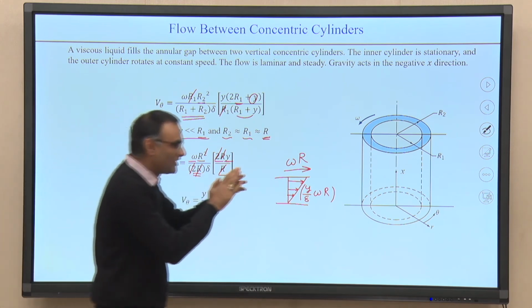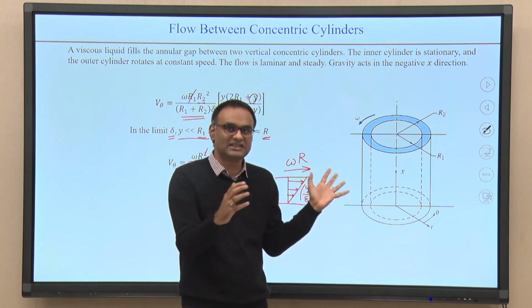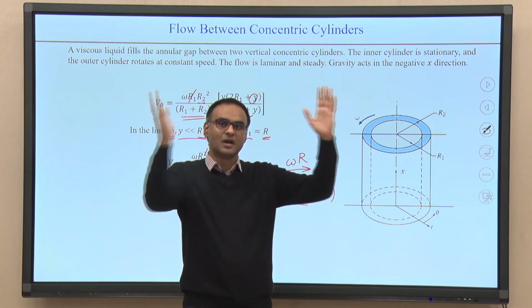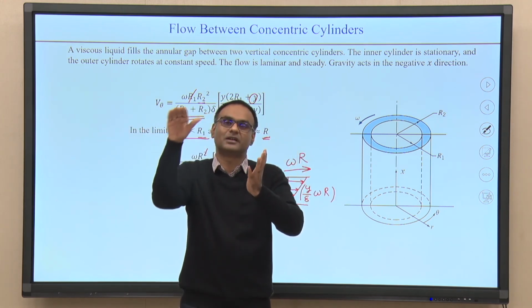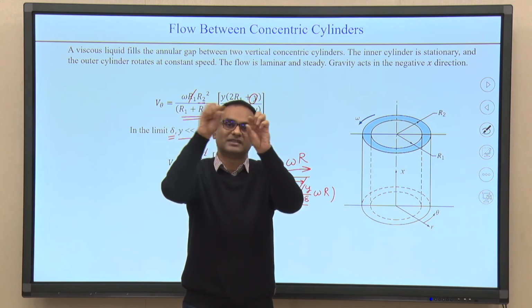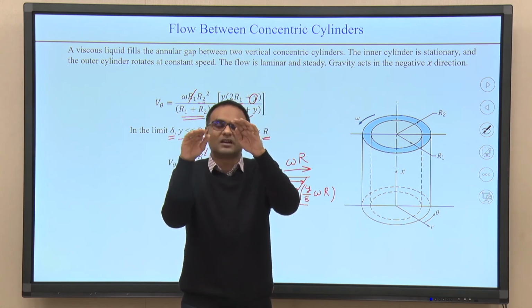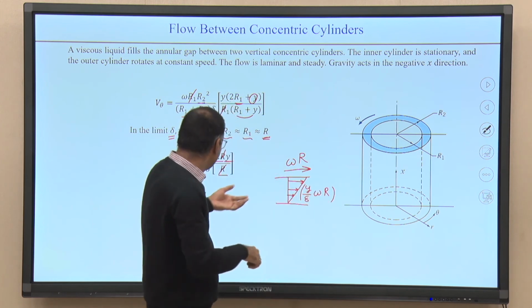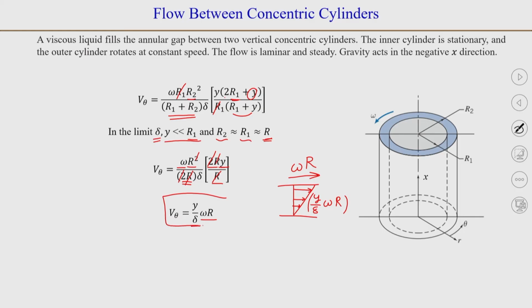So, what does this approximation suggest? You have a very big cylinder, and in between the cylinders the effect of curvature will be very small and you will have this expression to be valid.